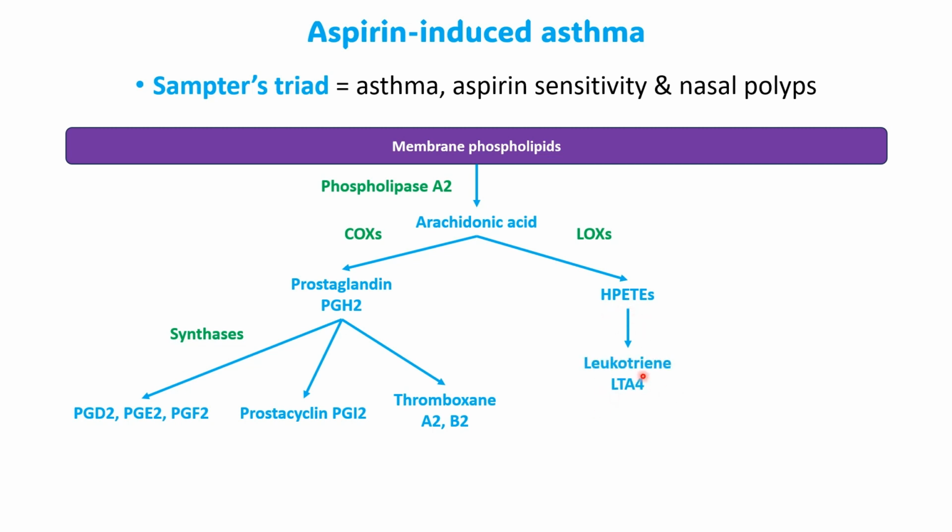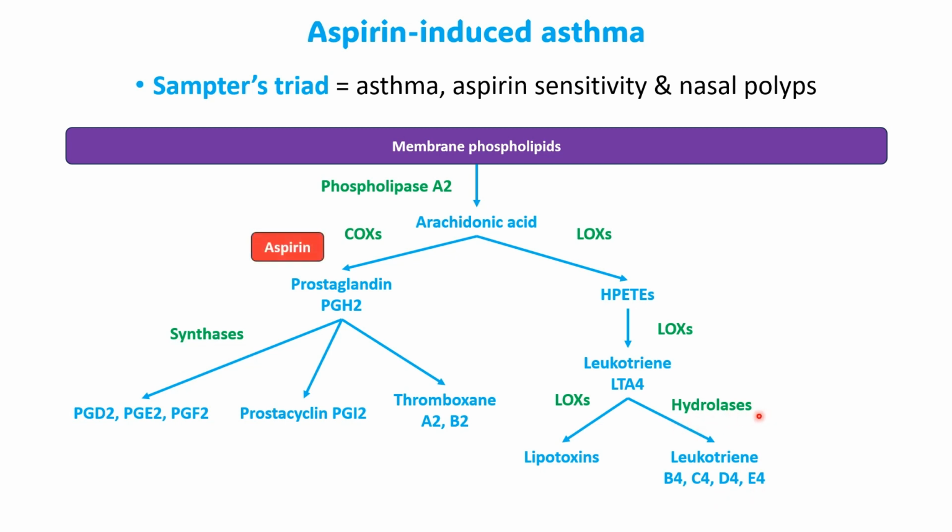At this stage it's leukotriene A4. This is by other lipoxygenase enzymes. So we have leukotriene A4 being converted to lipoxins. There are other lipoxygenase enzymes, or A4 can be converted to different leukotrienes. So B4, C4, D4, E4, etc. This is by enzymes called hydrolases.